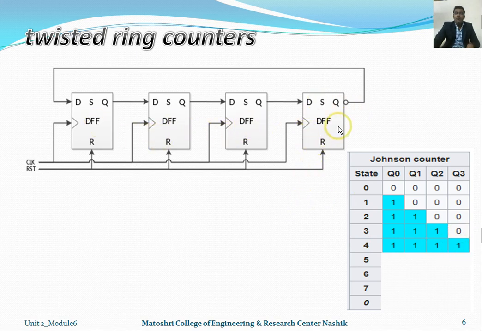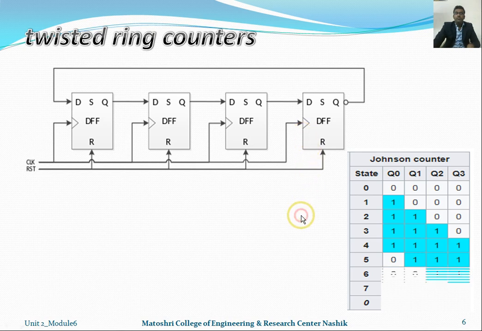The last flip-flop's stored value is 1, but we take the complement of that 1, so 0 is now present at the input of the first flip-flop. So for the next clock pulse, 0 is stored in the first flip-flop and the remaining 3 flip-flops store the 1 value.